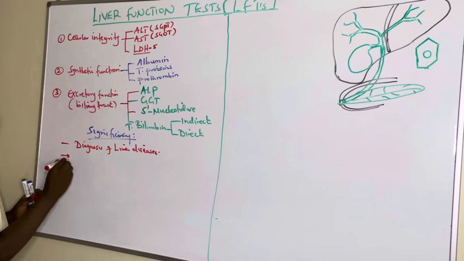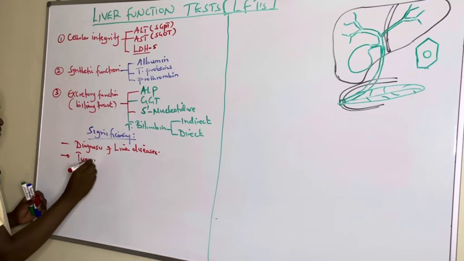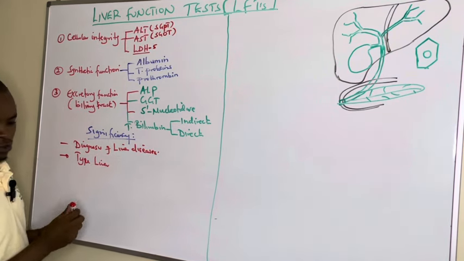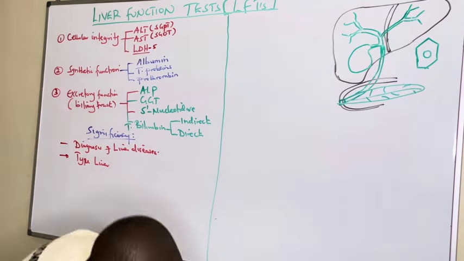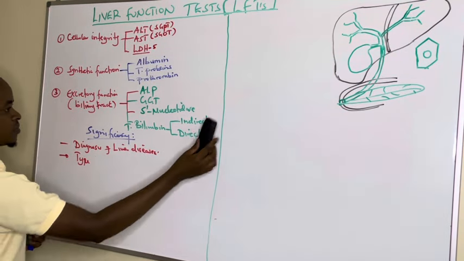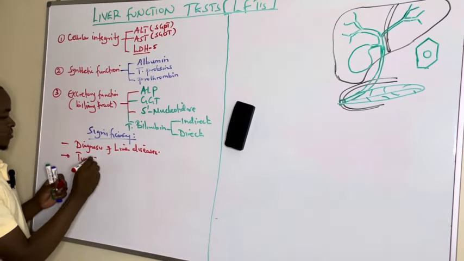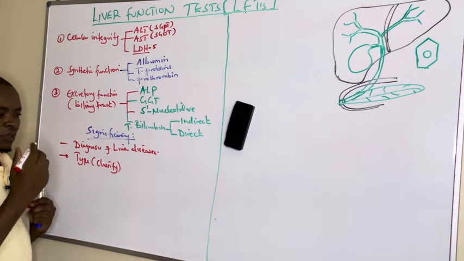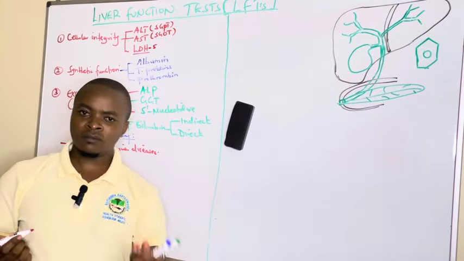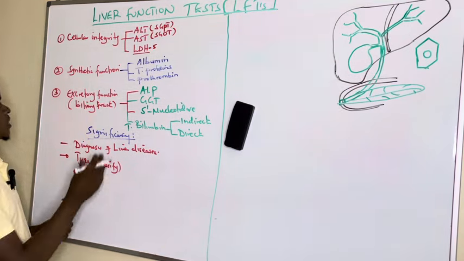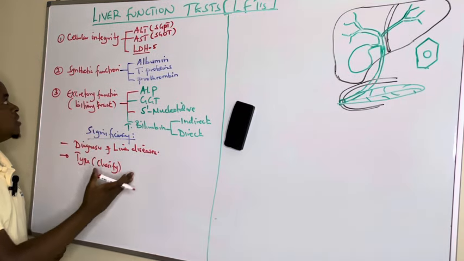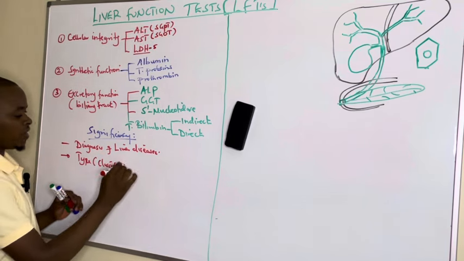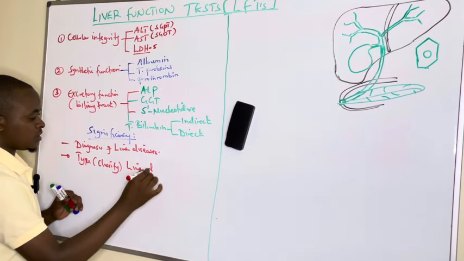Another thing, we can use them to type liver diseases. You can use the word type or classify. We can use them to see if the cause is hepatocellular, or hepatobiliary, or synthetic function, or excretory function. So they can be used to type or classify liver diseases.